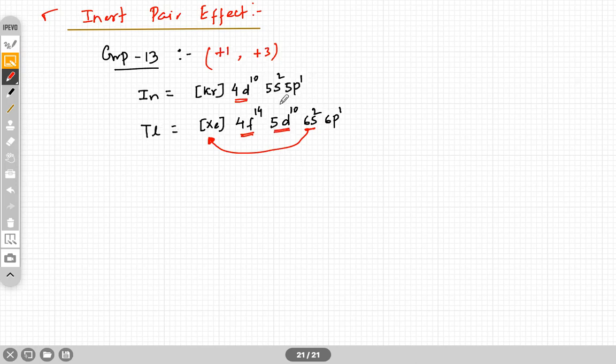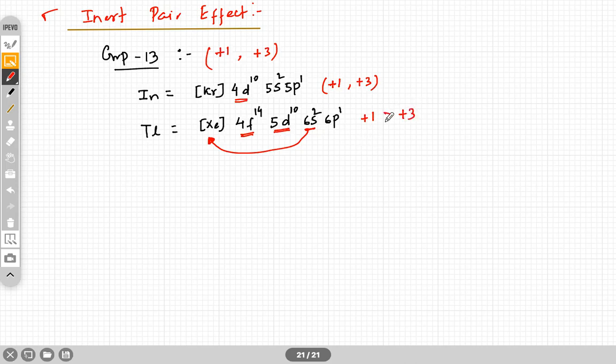Because of the weak shielding effect of 4f and 5d subshell, here we have only d subshell. This also becomes a bit inert towards the reaction, but here to some extent it can show +1 or +3. But for thallium, it is very difficult to show +3, right?